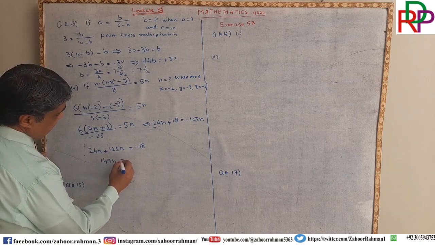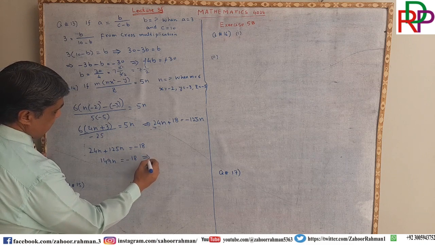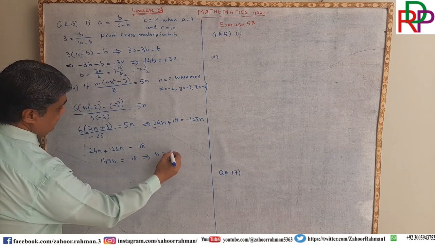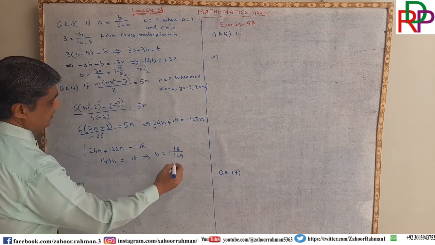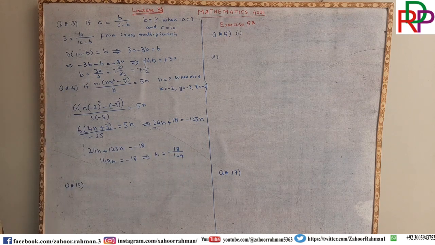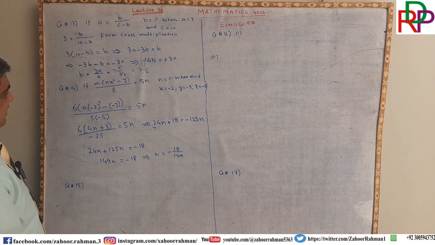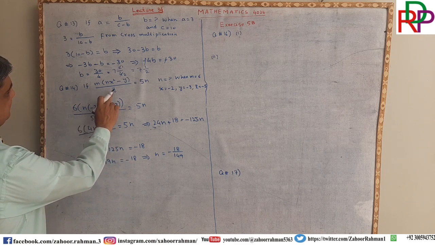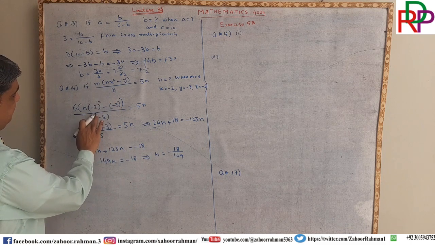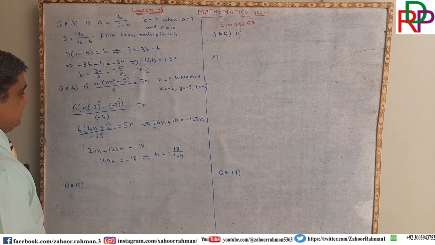and 149n is equal to minus 18, and this implies that n is equal to minus 18 divided by 149. So now this is the answer. This is only 5, ladies and gentlemen, not minus 5, because z value is given as minus 5.